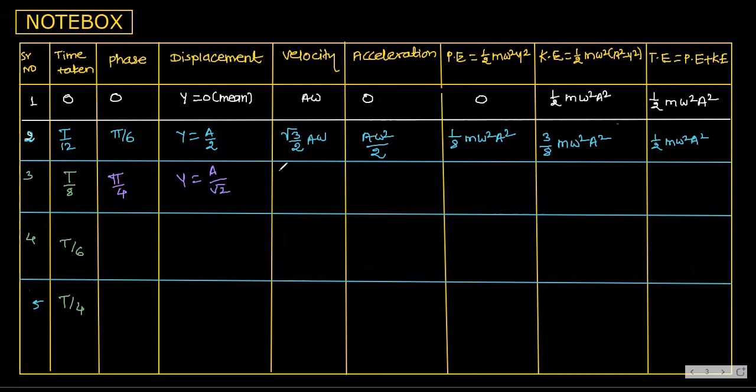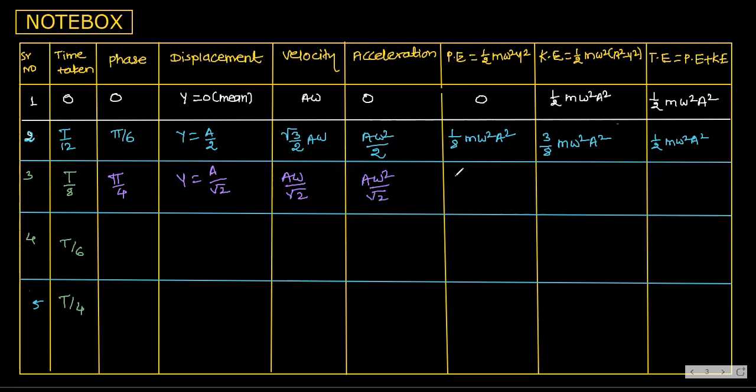Then here velocity is a omega by root 2, and this is acceleration, omega square y, that means a omega square by root 2.